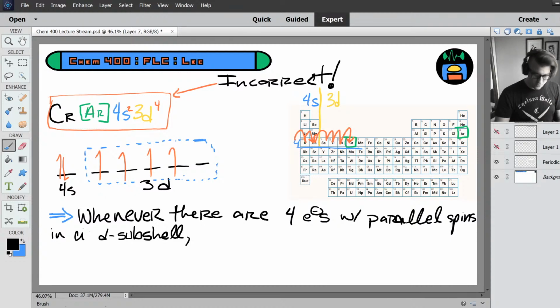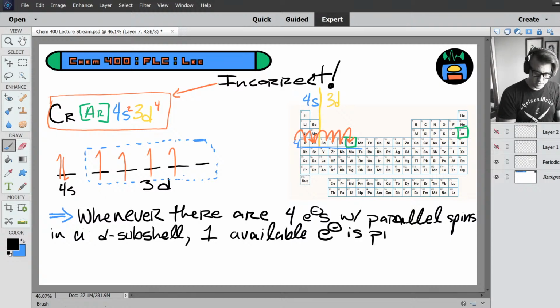So whenever there are 4 electrons with parallel spins in a D subshell, one available electron is promoted from the S subshell.